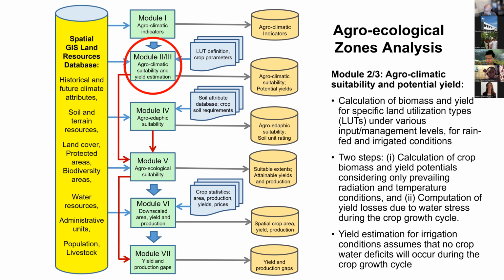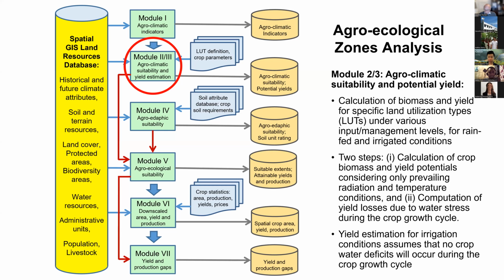And there are 2 basic calculation steps. The first one is the calculation of crop biomass and yield potentials, considering only prevailing radiation and temperature conditions. So this is sort of the ultimate potential. Second, computation of yield losses due to water stress during the crop growth cycle.